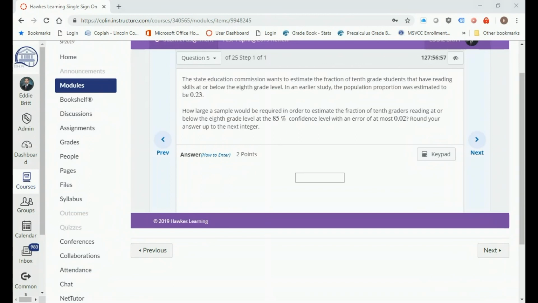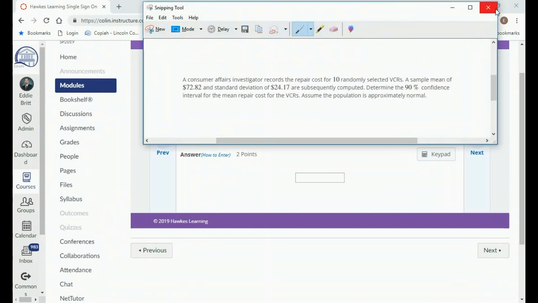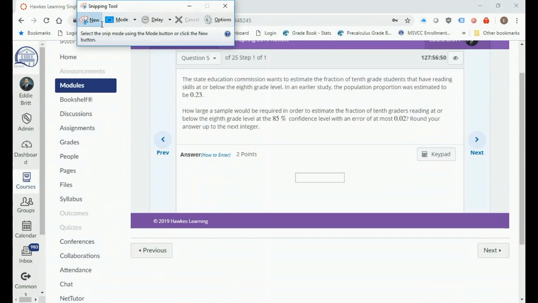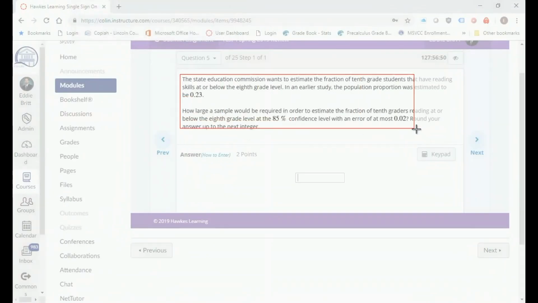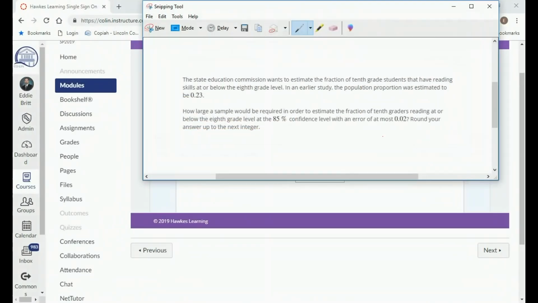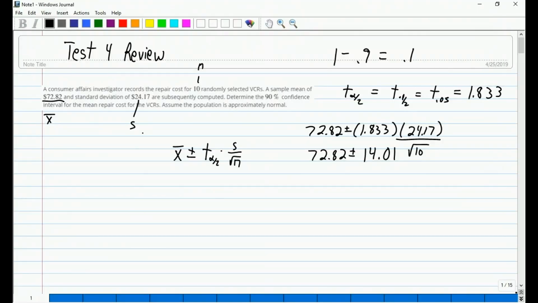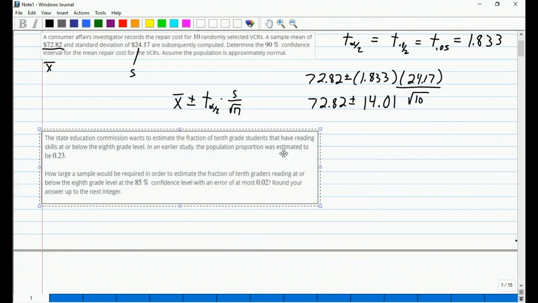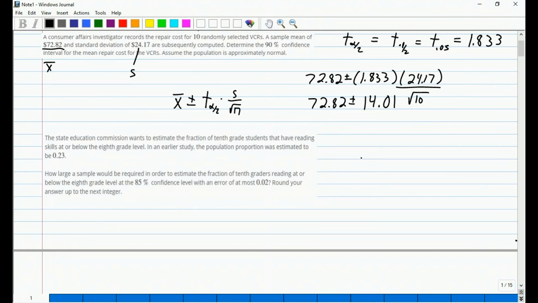All right, so again, I'm just going to clip this out so I don't have to go back and forth. That way I can just do all of my work on my notepad here. All right, so it looks like this is about proportions, because I see a population proportion here. So population proportion is P. It's 0.23.